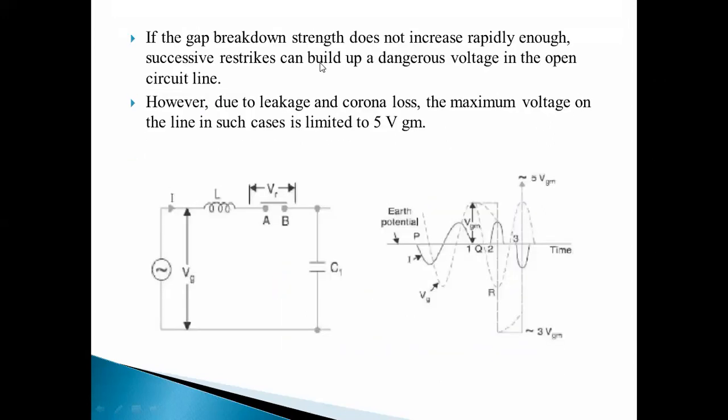So if the gap breakdown strength does not increase rapidly enough, the successive restrikes can build up a dangerous voltage in the open circuit line. So what is happening? Such a breakdown means that the arc should break there.